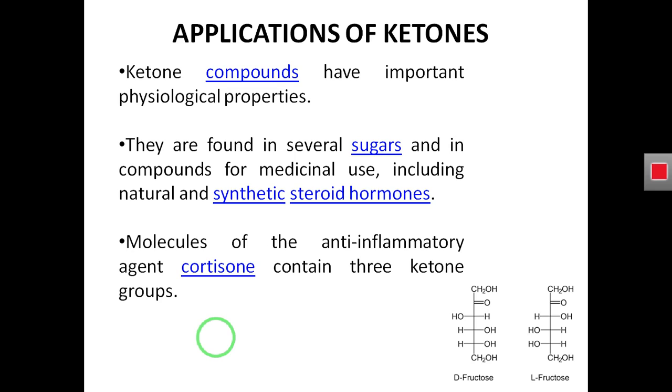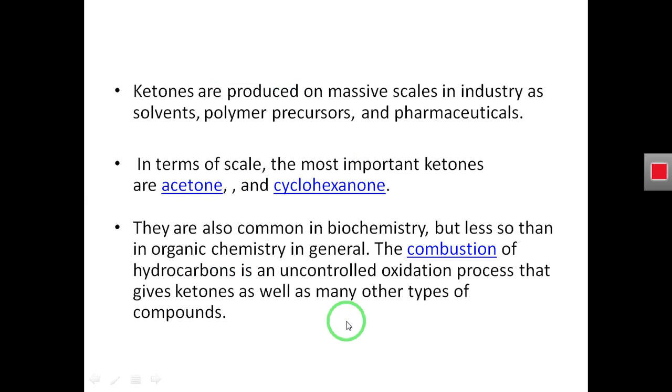A hormone travels through the blood, reaches the target, and performs its biological action. So cortisone is a hormone, it has three ketone groups, and it has anti-inflammatory properties.